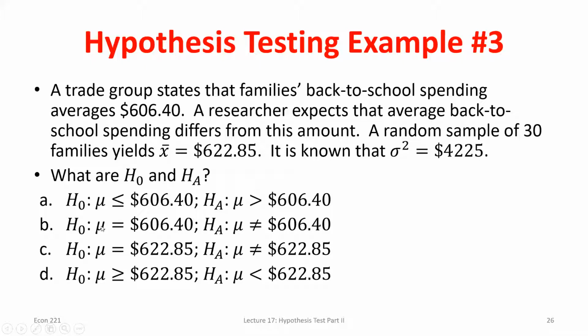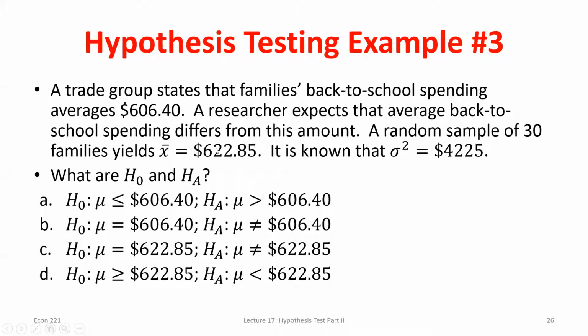So we'll assume that that population mean is equal to $606, which means the alternative hypothesis has to be the complement of that, which is just that it's not equal to that value, any other value other than $606. Now, when you're trying to identify what your null and alternative hypotheses are, you should be using some reported amount.